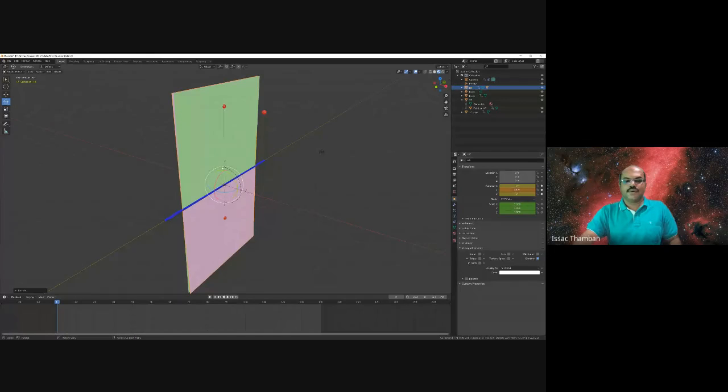Here, this is our elevation and this is our plan. What is plan? Plan is the top view. What is elevation? Elevation is the front view.